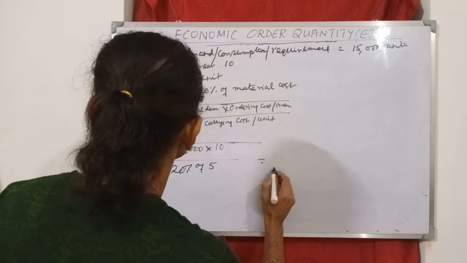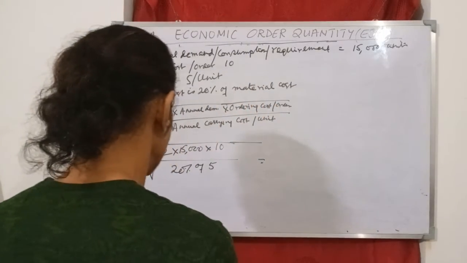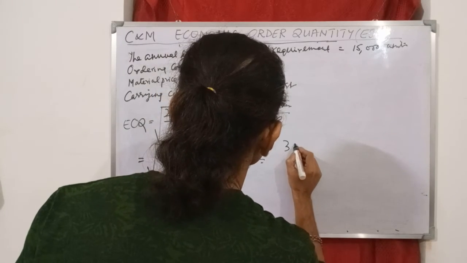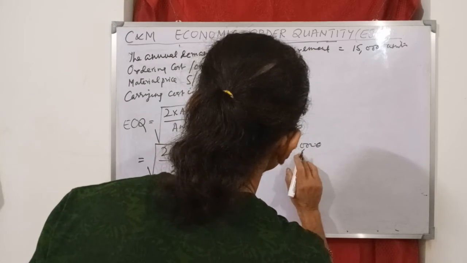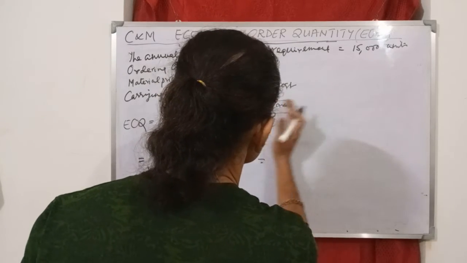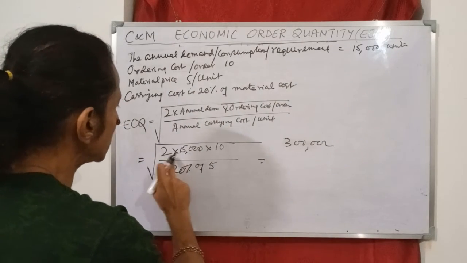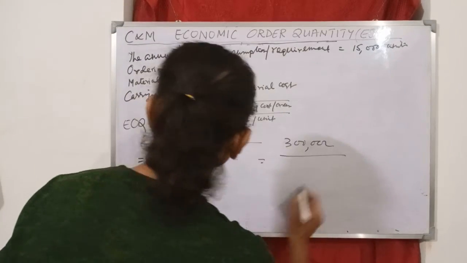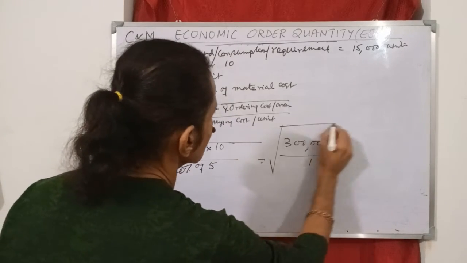So this becomes, let me use the calculator. Okay, 3 lakh, that is 300,000. 15,000 into 2 is 30,000 into 10, 300,000 divided by 20% of 5. Take the square root over this.